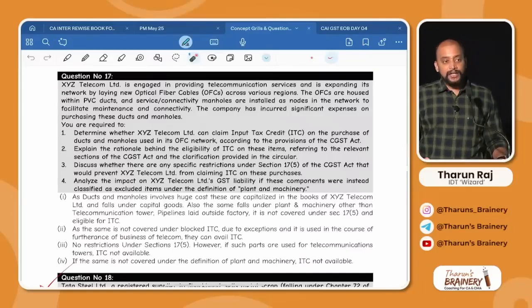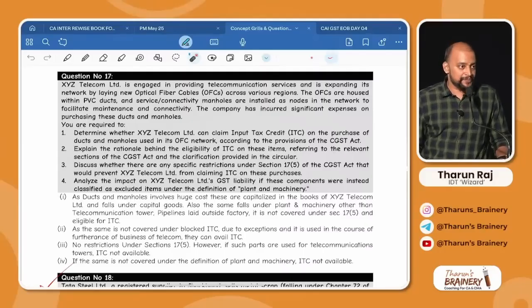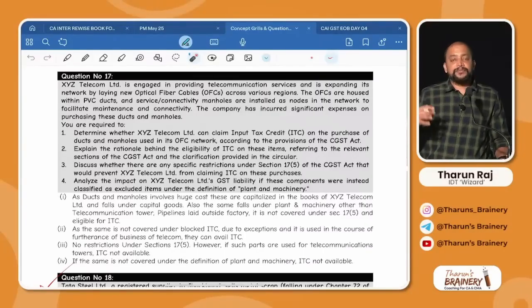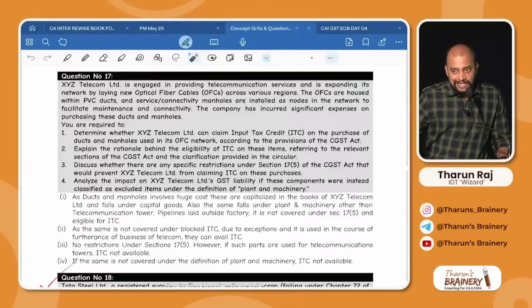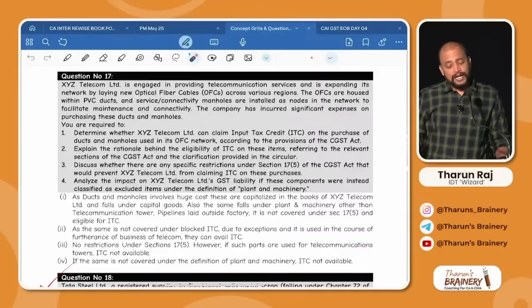The rationale is simple. Generally, when something is not in blocked ITC and is used in the course or furtherance of business, we can take ITC. Is it used in the course or furtherance of business? Yes. It's not in blocked ITC, so ITC can be availed.